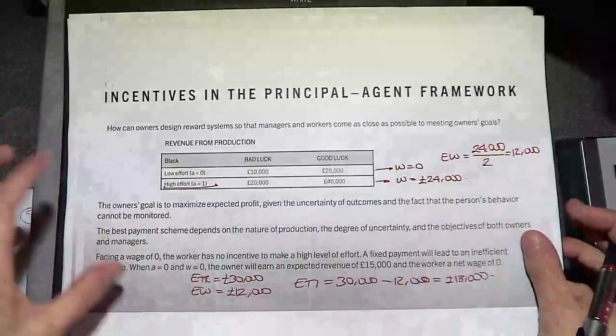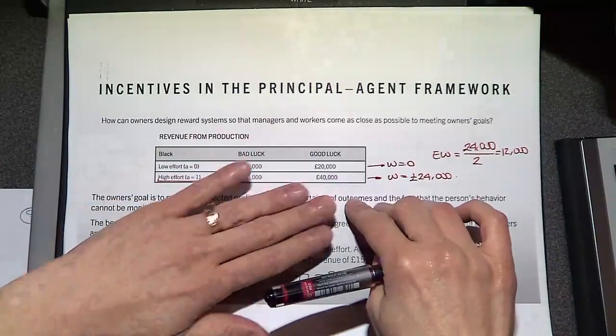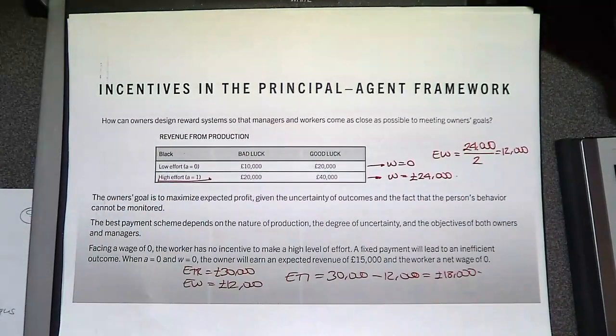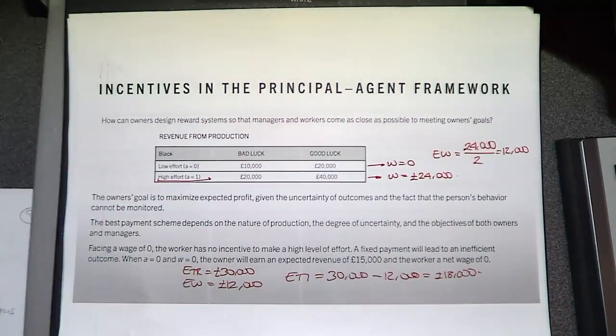Now the problem is, if it is low effort and the manager is calculating his profits as being at least 18,000, okay, the guy could be as unlucky as having 10,000 total revenue, right? Now that would be a really bad arrangement, because it gets 10,000 total revenue and the profits are 18,000. What is the worker going to do? Pay 8,000? Okay, that would be really, really bad.